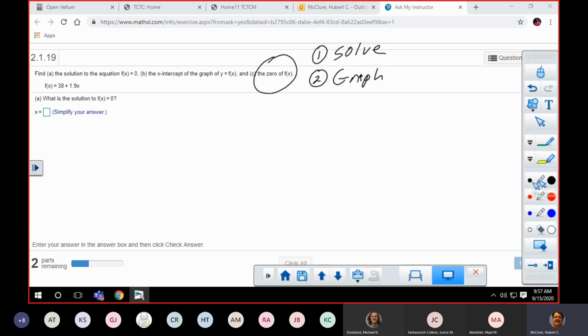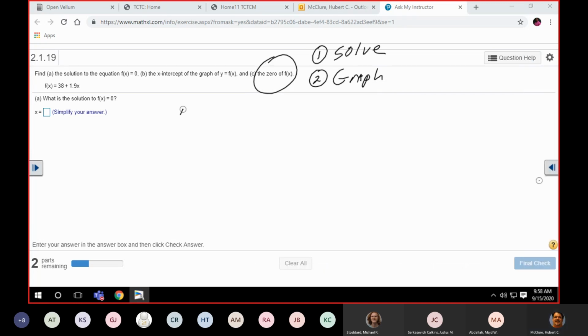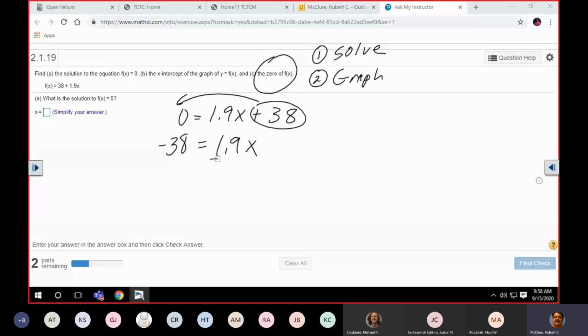So here we go. 0 is equal to 1.9x plus 38. And I'm going to bring the 38 over, and that's going to be negative 38 is equal to 1.9x. Divide by 1.9. Somebody do that for me because I don't have the calculator pulled up.